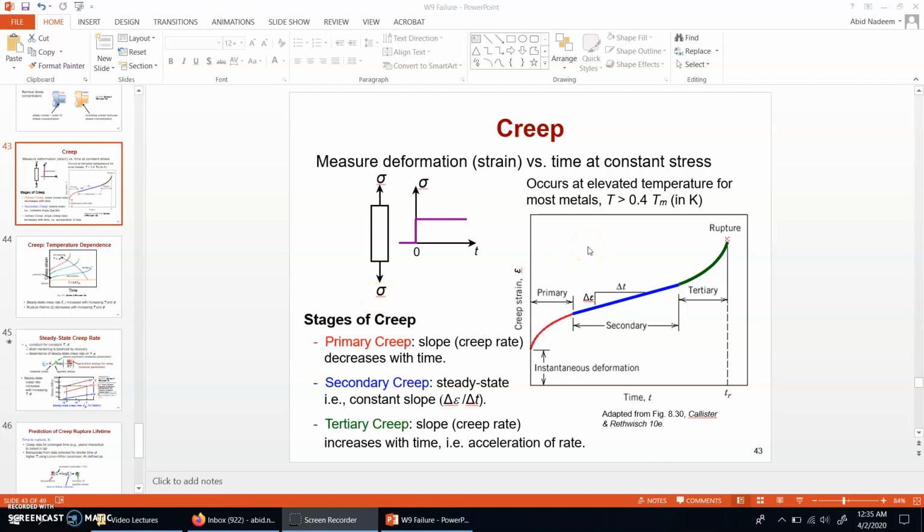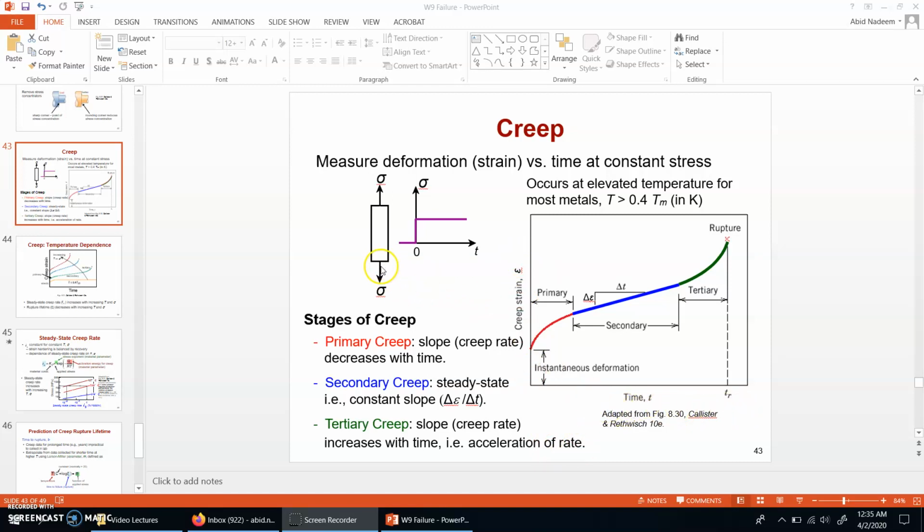This deformation can be represented by this chart. In this chart you have strain on the vertical axis and time on the horizontal axis.